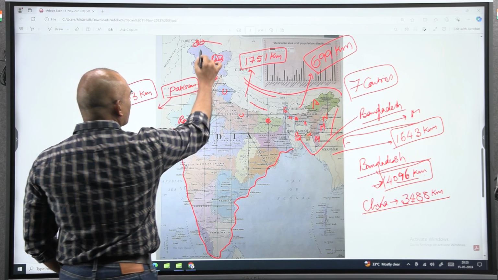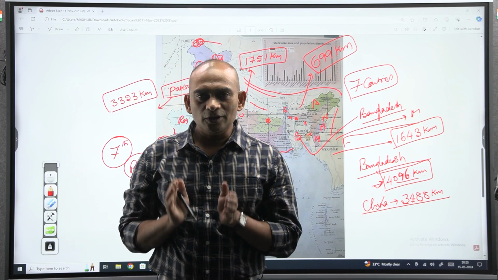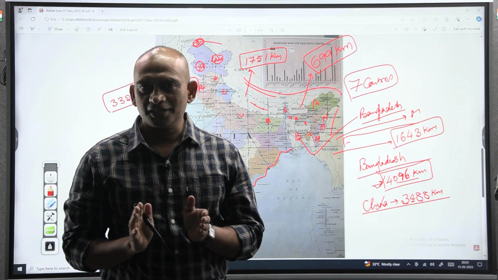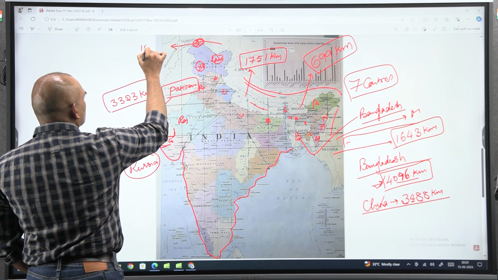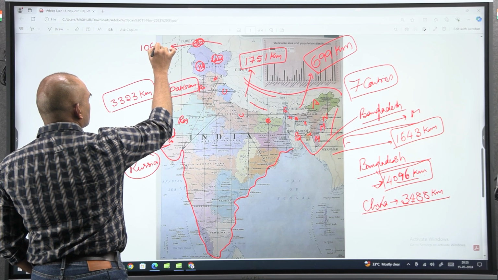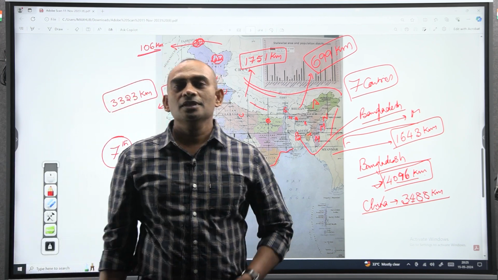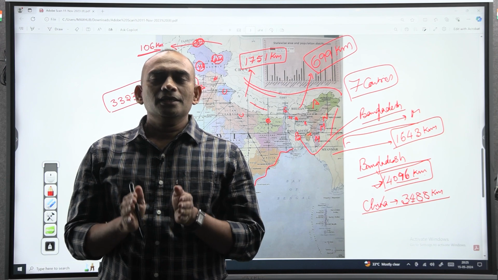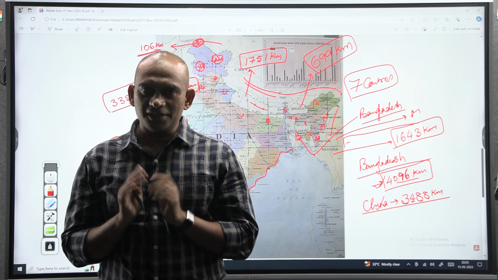This one is Afghanistan. We are sharing a smaller number of kilometers with Afghanistan, just 106 kilometers. That means India shares the least border length with Afghanistan.